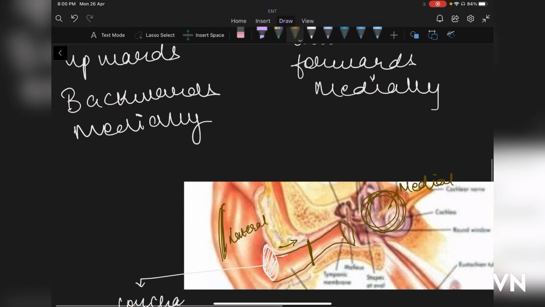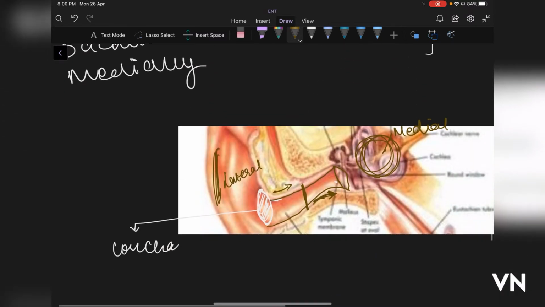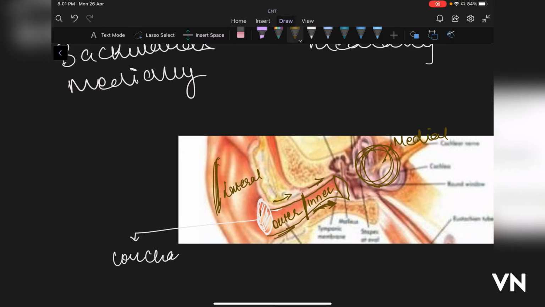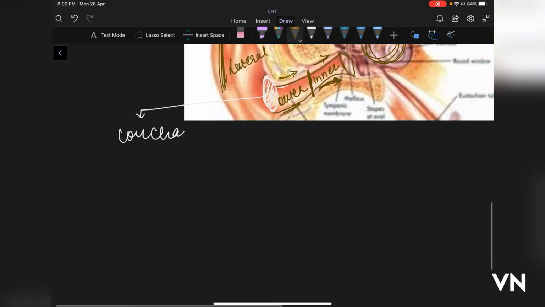And the other one goes downwards. So it is a bit tilting down, that part. So this is your outer part, this is your inner part. So the outer part goes upwards, backwards, and medially. The inner part will go downwards, forwards, and medially. Right. So this is it for the position of the auditory canal.